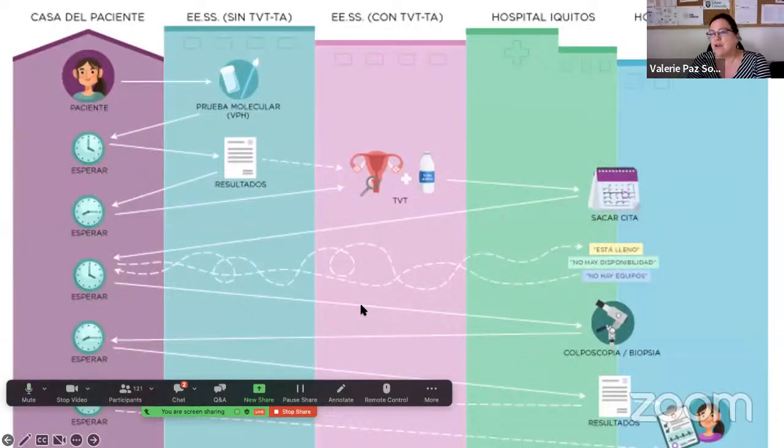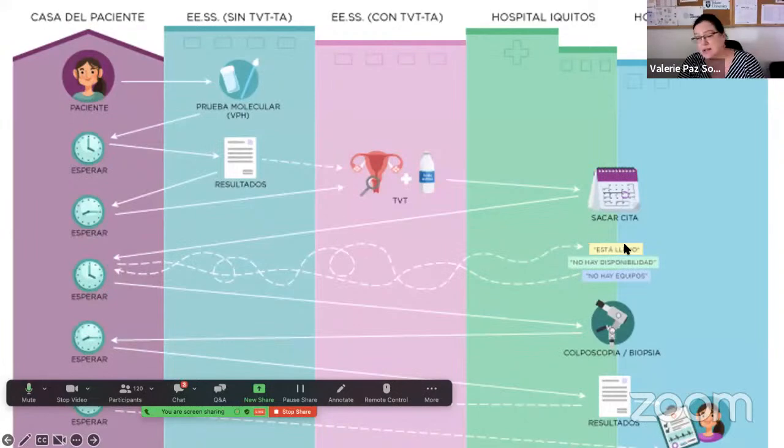After doing these interviews, we mapped out what this swim lane visual looked like. We had a patient who goes to a TVT, she waits for results, then she has visual triage, and if she can't be managed at the primary level, she's sent to one of the hospitals to get an appointment. We put in these circular arrows because the process of trying to get an appointment was very complex.